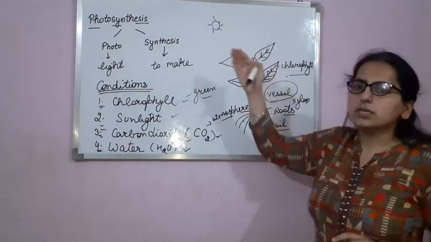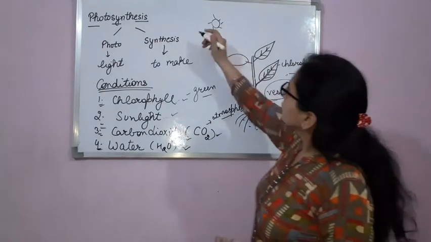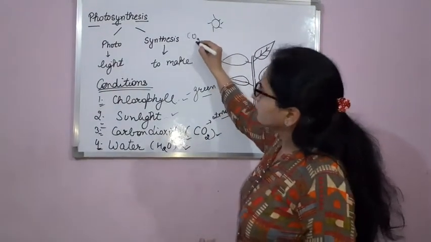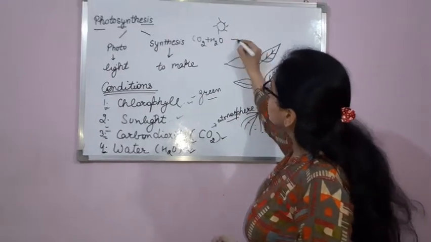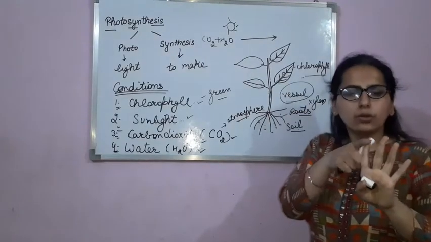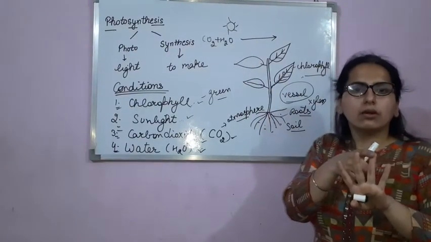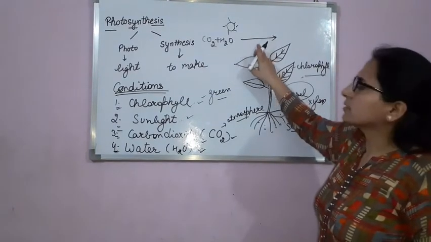Now the process of photosynthesis will take place. CO2 is there, water is there, right? Now there are four things: CO2, water, chlorophyll, sunlight. Chlorophyll and sunlight we will write here.